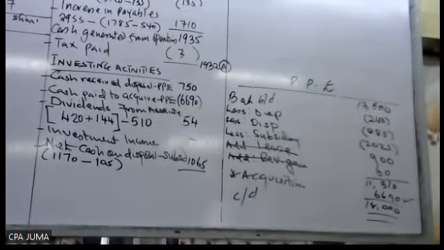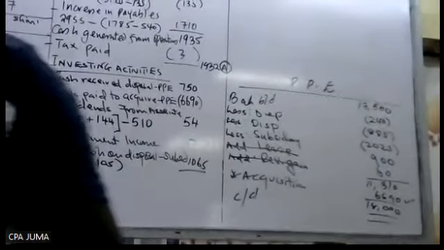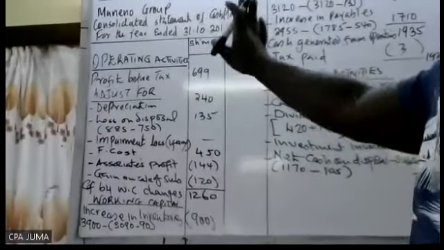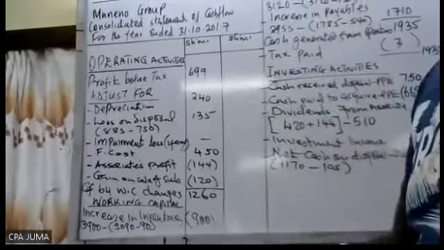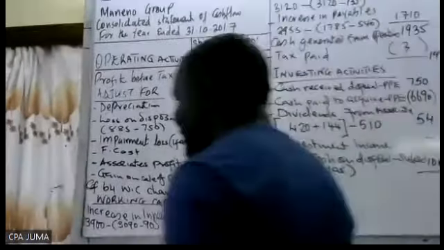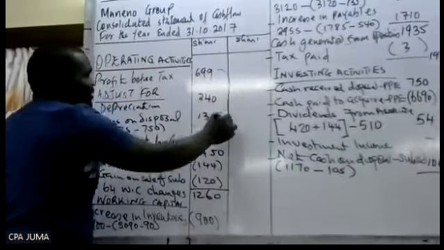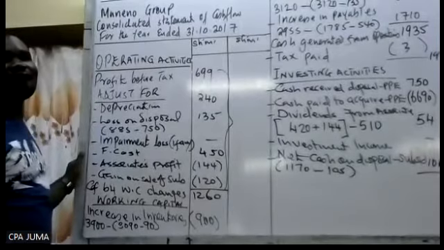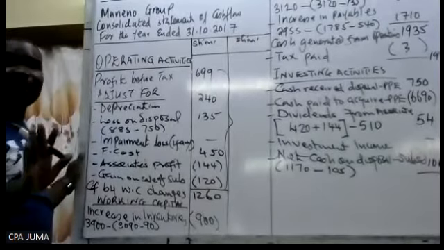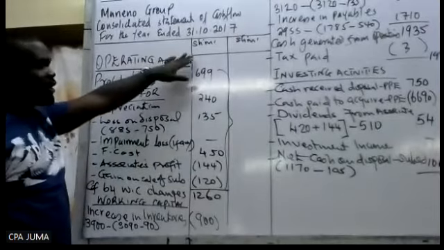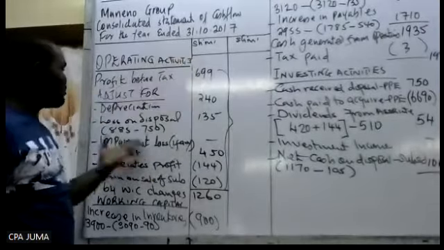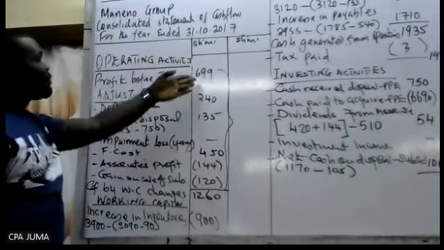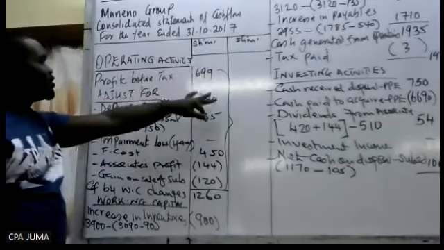The challenge, wait a bit, Alice, the challenge is the part before working capital. Alice says her problem is getting that profit before tax, which is hard. She says her problem occurs only here. The one that is more complex is how to come up with that impairment. Impairment only. Alice, here you should get almost everything, except maybe just impairment. The rest are easy. Profit before tax is a job for the eyes. Depreciation is given.